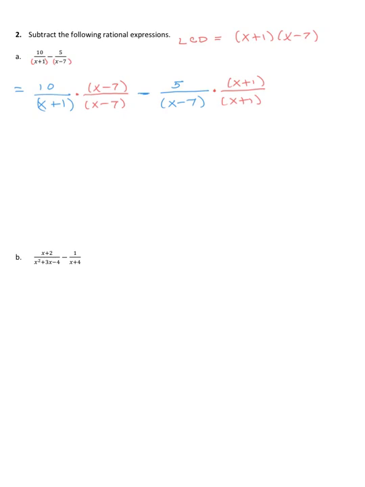The only difference in this process is after we have our least common denominator of x plus 1 times x minus 7, I have 10 times x minus 7, which I'll write down first. But I'm now going to copy down the minus sign. I'm subtracting these two instead of adding them. And for the next piece, it's 5 times x plus 1.